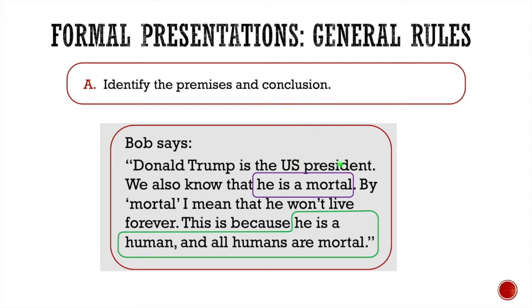If anything, it's more of the setup of the argument to explain who Donald Trump is and who we're talking about. But what about this sentence? By mortal, I mean that he won't live forever. So this isn't really a premise either. It's more just an explanation of what the terms mean within the conclusion and within the premises. So here, I think we've correctly identified where the premise and the conclusion are.